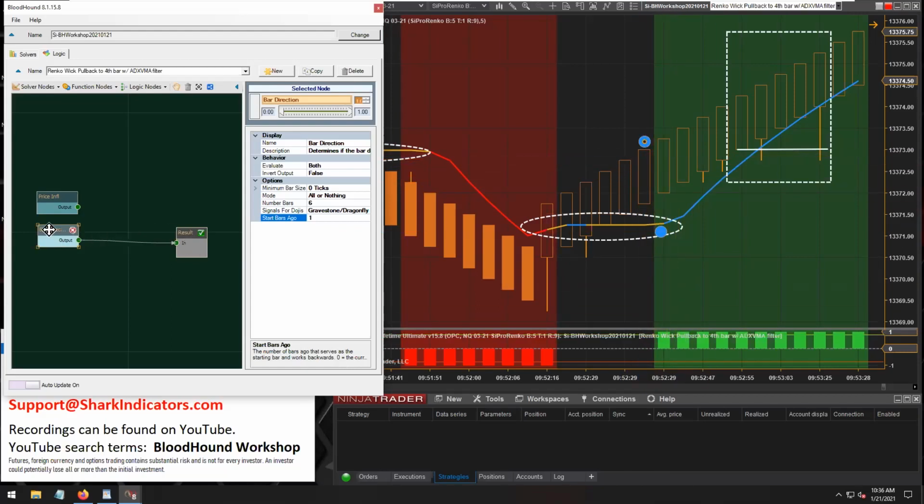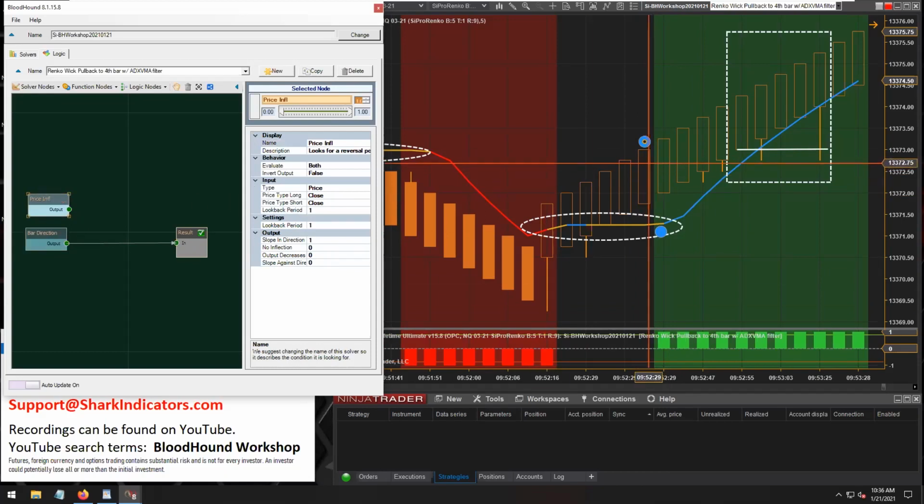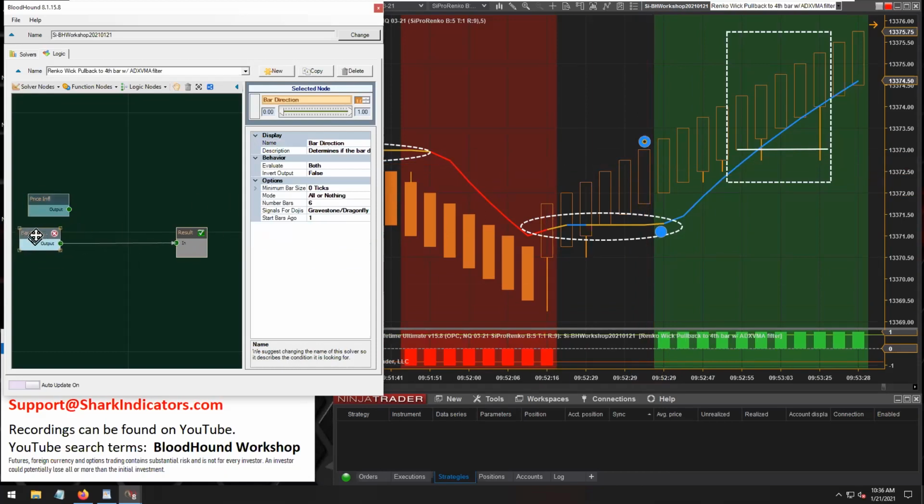Normally, in order to shift a solver's output over 1 bar, you would use the look back node. But this bar direction solver has the ability to start counting our 6 bars in a row with an offset. That's really what the start bar is a go. It generates an offset of when to start counting.